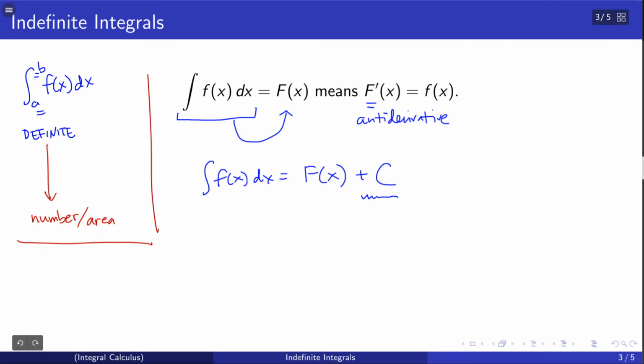Whereas for the indefinite integral, that's not a number, but instead it's a family of functions. Right? So even though the notations look really similar, one has upper and lower limits, one doesn't, they describe different objects in calculus. So just be careful about that.